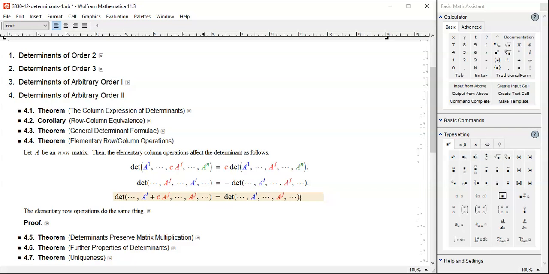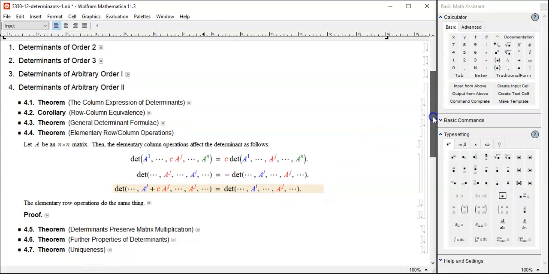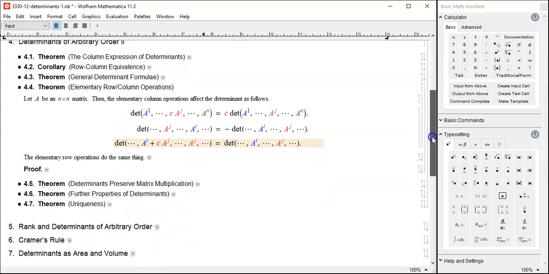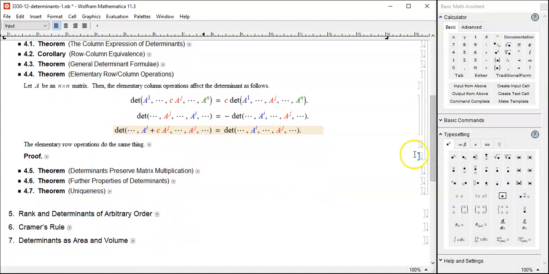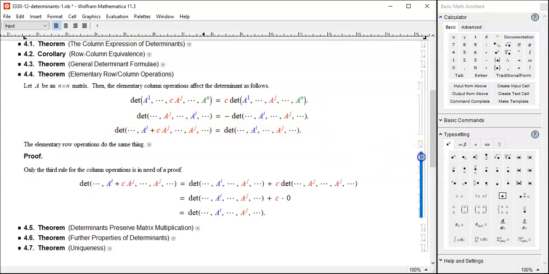And of course, you can do elementary row operations, and the properties are the same because columns and rows are equivalent. Now, this one is multilinearity, difficult to prove. This is alternating, even more difficult to prove. But using these two, we can prove this one, and that's what we are going to do here.